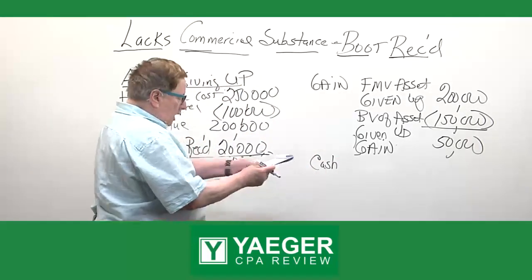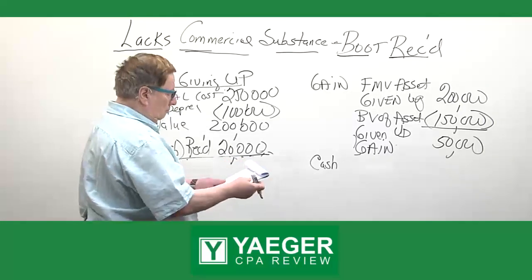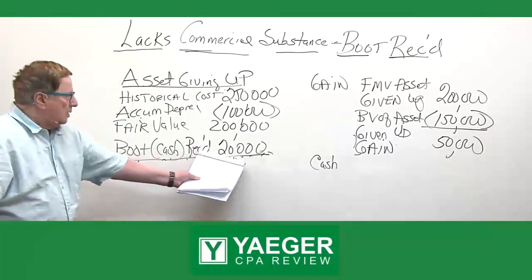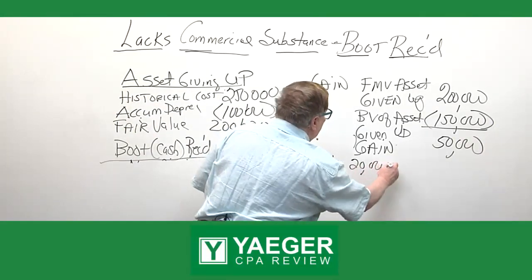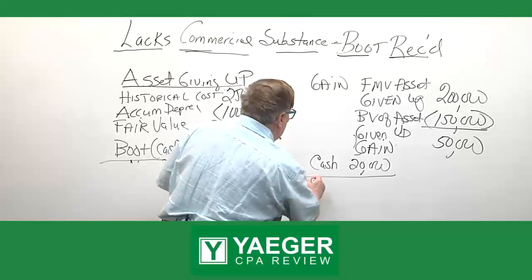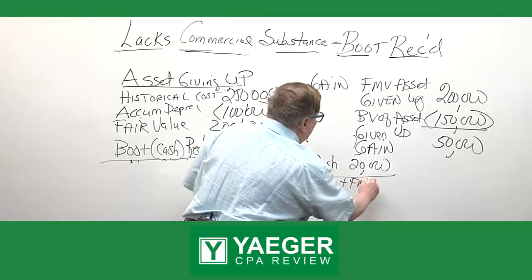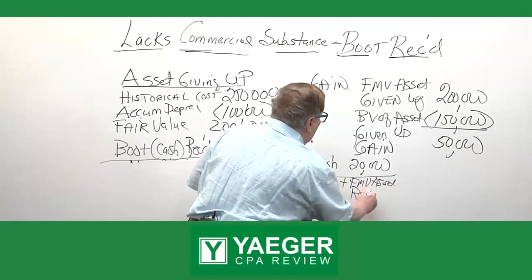Now the cash received is how much? $20,000. Now we divide that by the cash received plus the fair market value of the asset received.